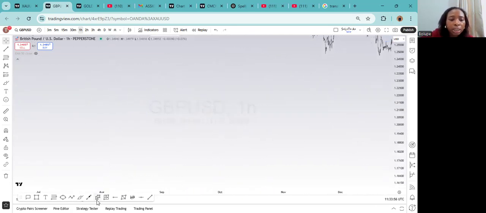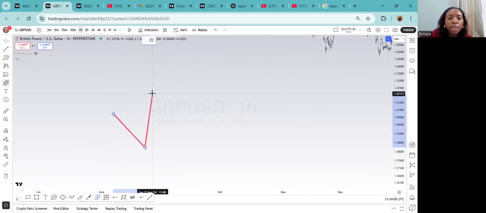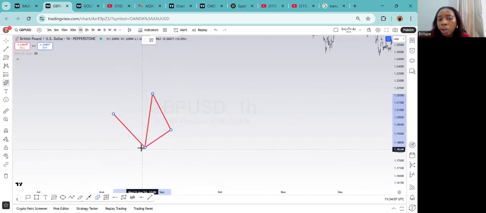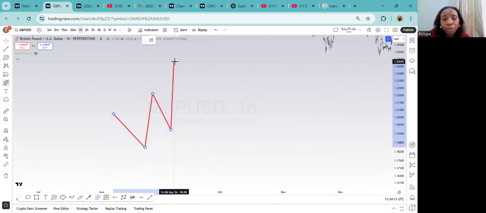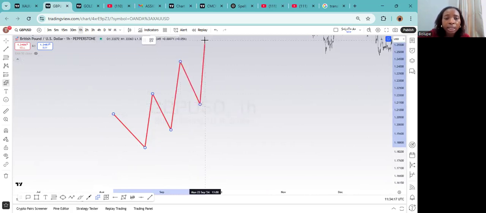It means that there was a low before, and then it formed a low that didn't go below the previous low, and it keeps creating higher lows and then higher highs.